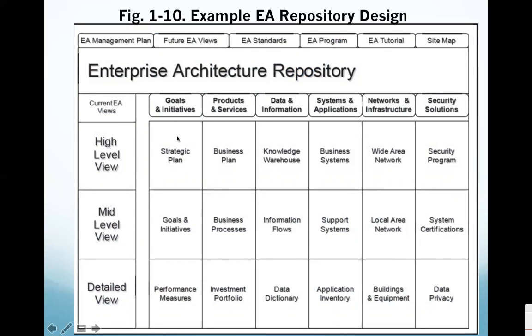And that is where the artifacts are stored. So we have the documentation of the strategic plan, for example, or the business processes, or data privacy. Right? It's where these artifacts are stored. It's called the EA repository.